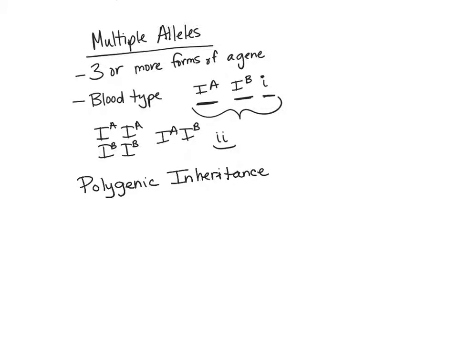So polygenic inheritance is when we have variation in a trait, something like eye color or height, that is not due to environment.